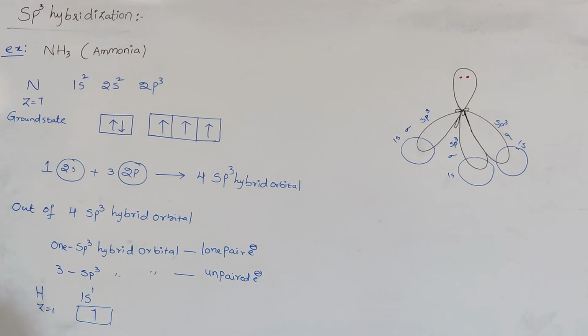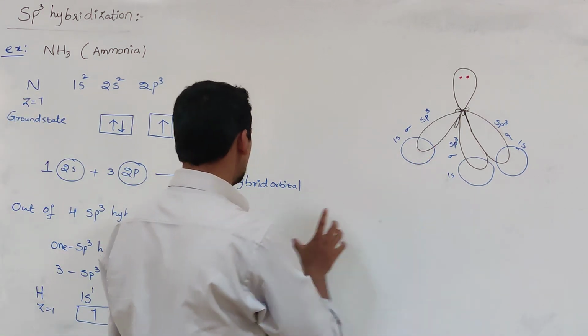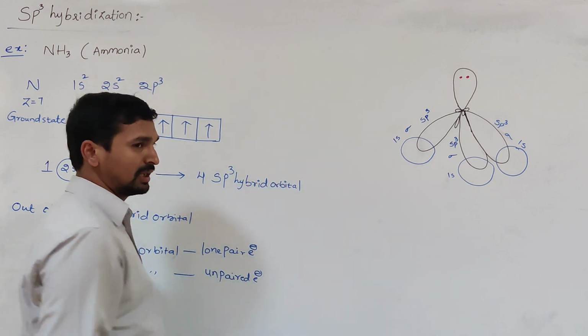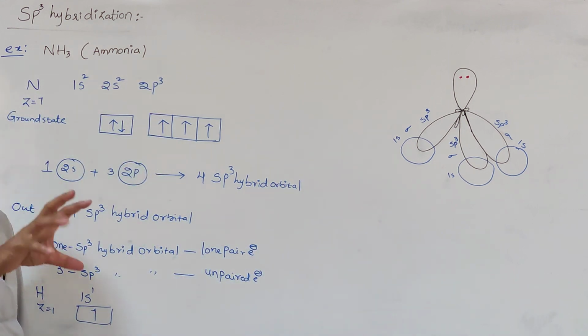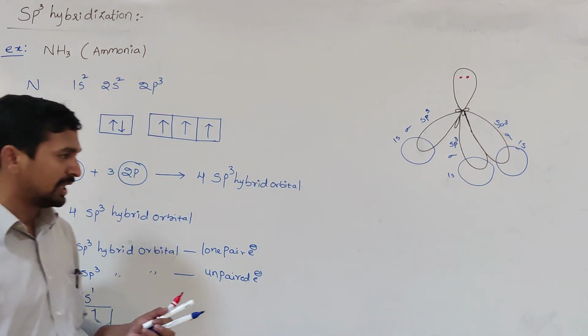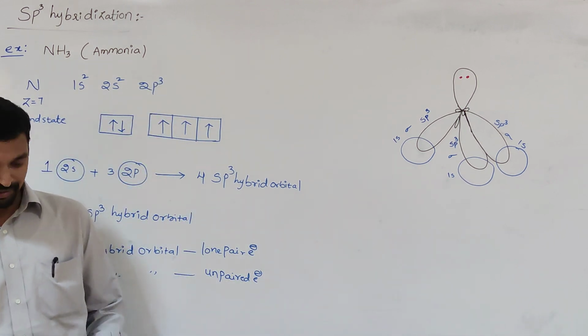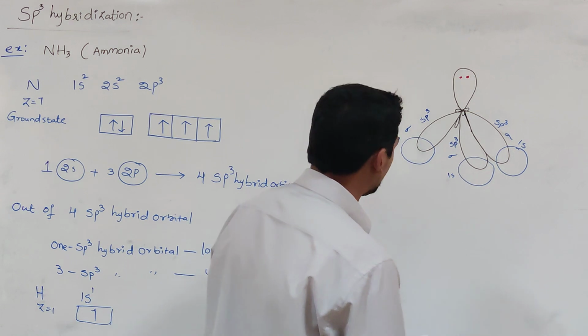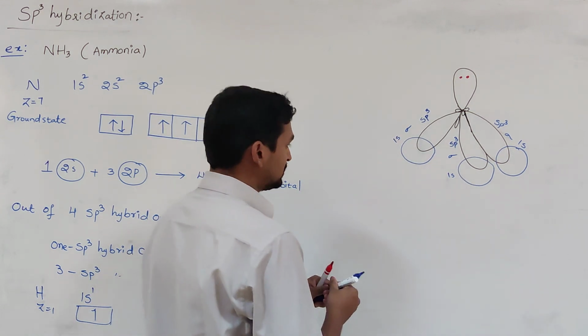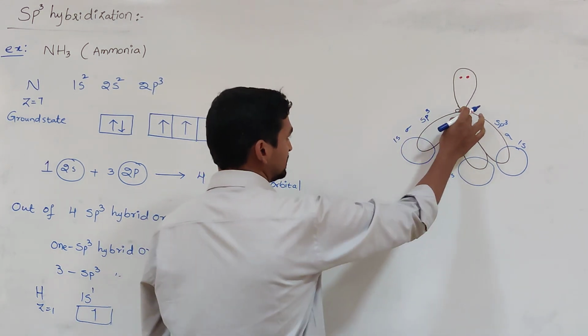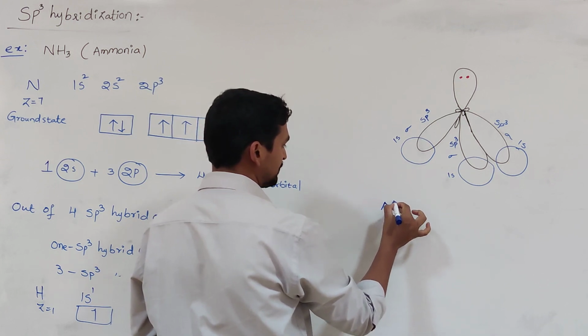Now here are 2 important points, which you have already learned in the valence shell electron pair repulsion theory. Whenever these 4 sp3 hybrid orbitals are oriented in a tetrahedral geometry, the expected bond angle is 109.5. But here the bond angle is different. This is just a rough diagram. This is the central atom, nitrogen.